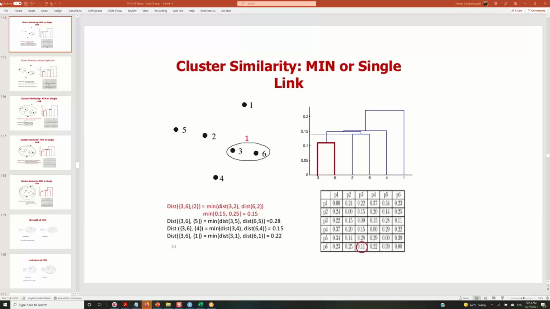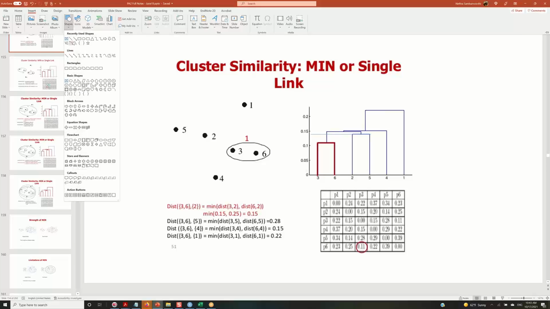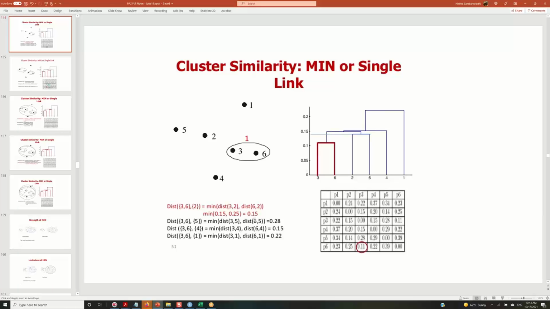So let me put this, and it's better to put some notation there.